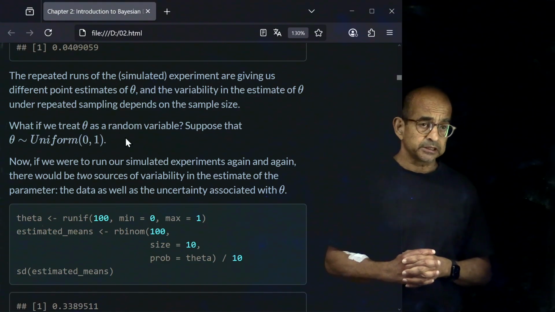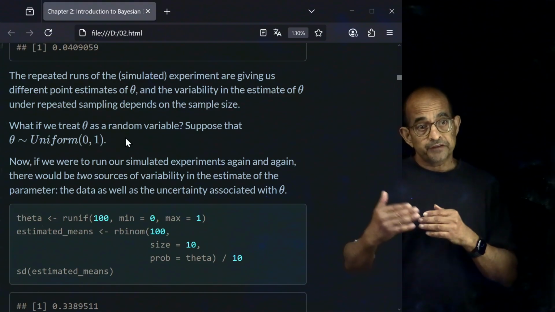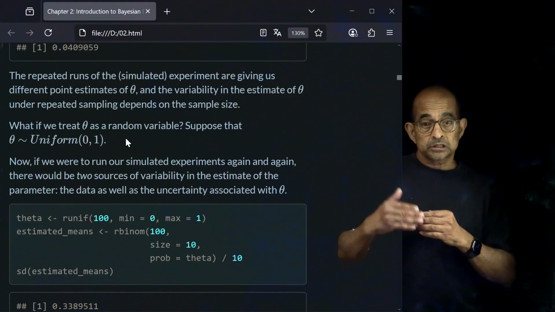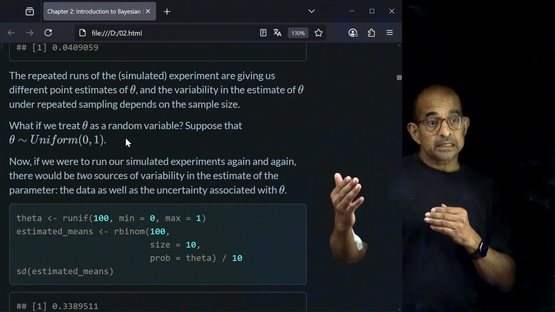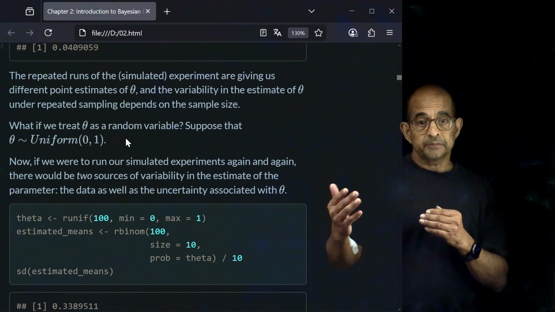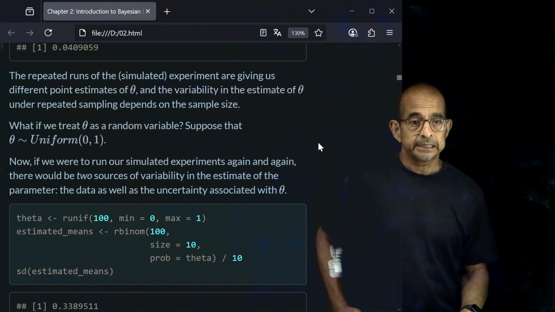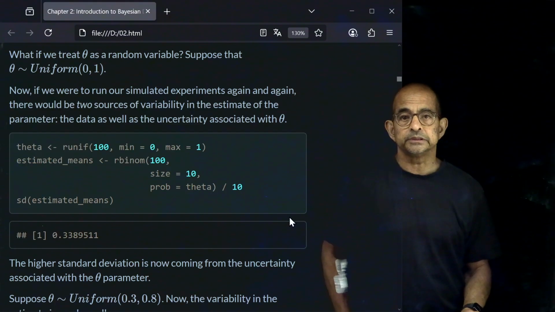And this is a radical shift away from the frequentist way of thinking, because now we are assigning a prior distribution to the theta parameter. This will now play a role in our Bayes rule computations, as you will see.